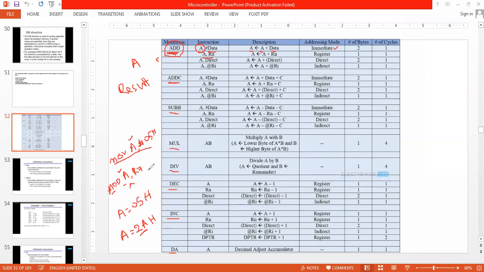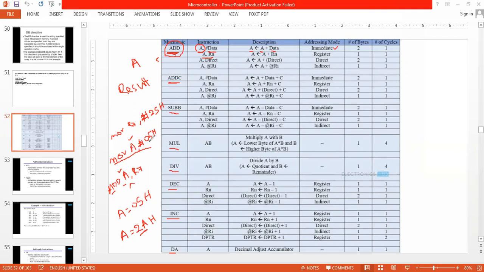The value of R7. Before that, I have to write MOV R7 comma hash 25H.